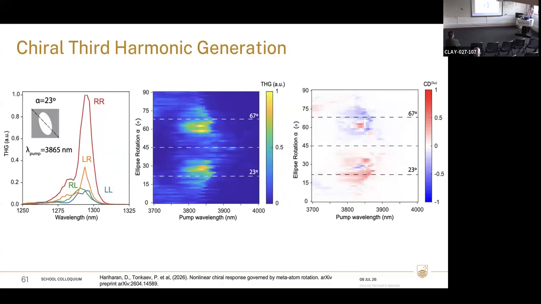So basically, we do observe enhancement through resonance, and we see that the resonance slightly changes position with the change of the rotation angle of this ellipse. Then we check the nonlinear CD. This map is the nonlinear CD for this structure. Basically, the blue one means it's negative, the red one means it's positive.